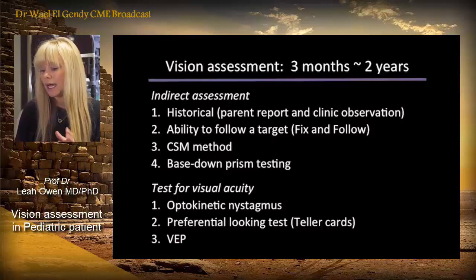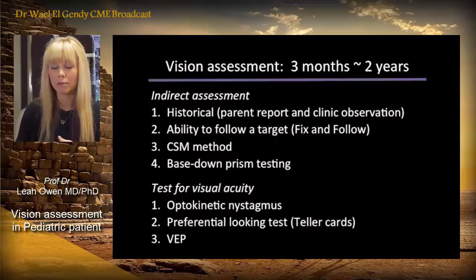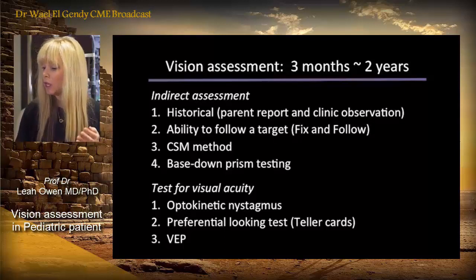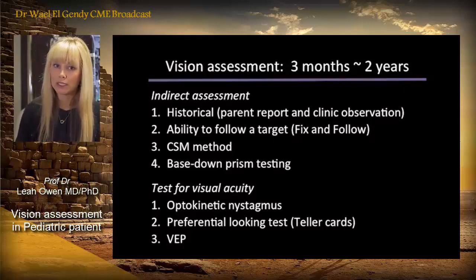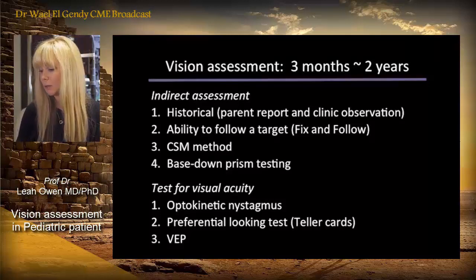We also can test visual acuity more directly in this population using the phenomenon of optokinetic nystagmus with an OKN drum. We can use preferential looking tests that we'll talk a little bit more about. Teller visual acuity is an example of this.